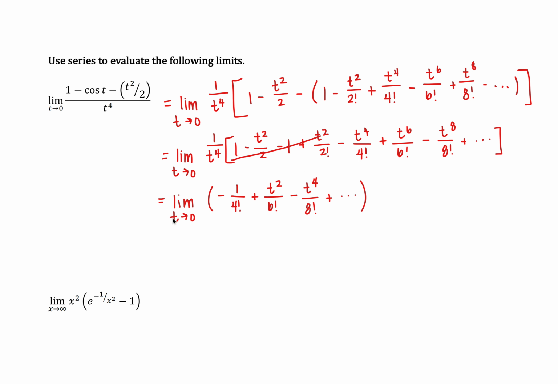So as you take the limit as t goes to 0, except for that first term, everything else is going to go to 0. So you're left with just negative 1 over 4 factorial, which is negative 1/24. And there's your limit.